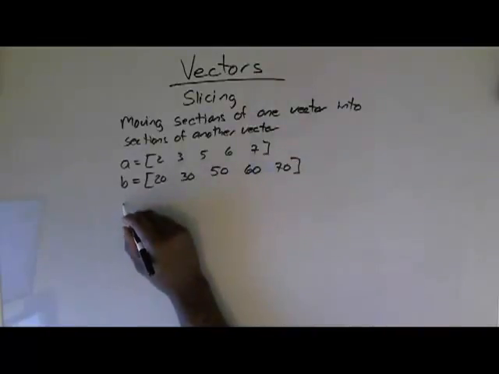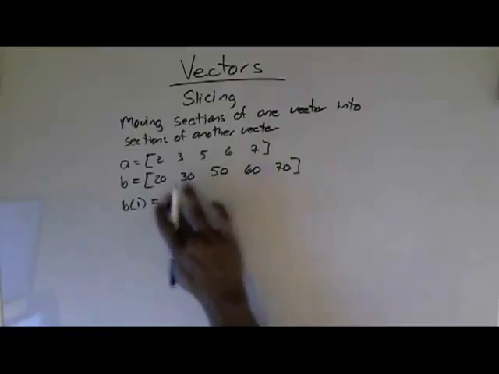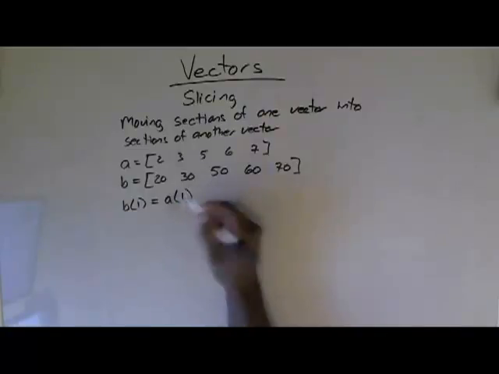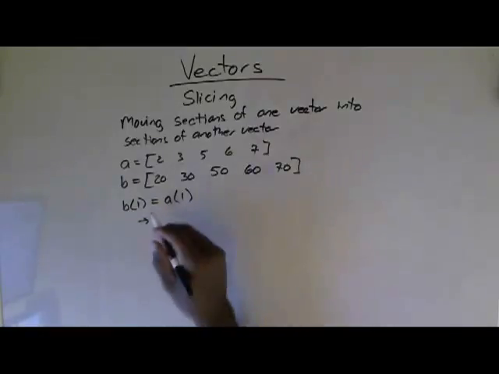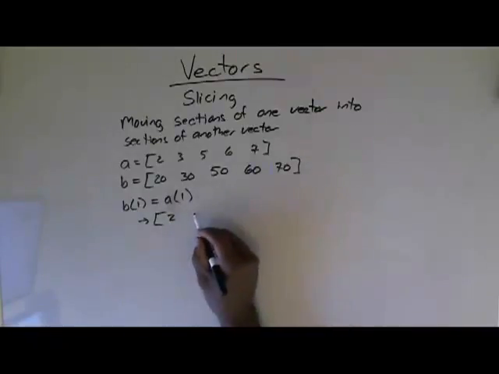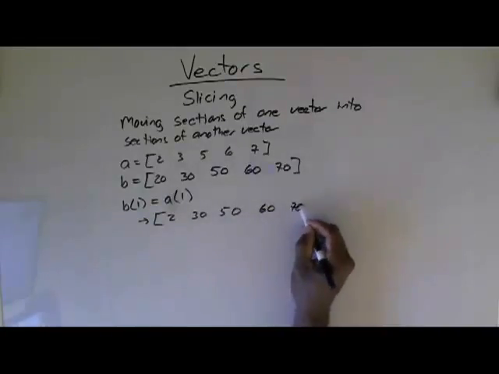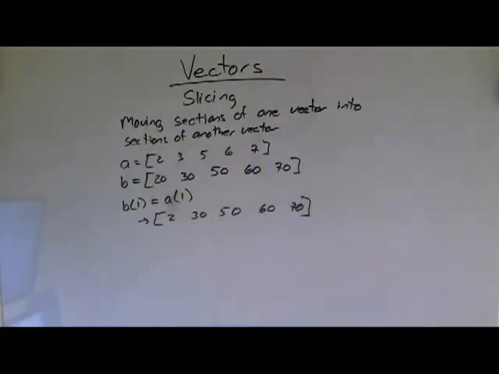I could slice one element and say vector B1 gets A1, right? And if I do B1 gets A1, now vector B looks like this: 2, 30, 50, 60, 70. Because B1, this 20, got replaced by the value in A1, which is 2.